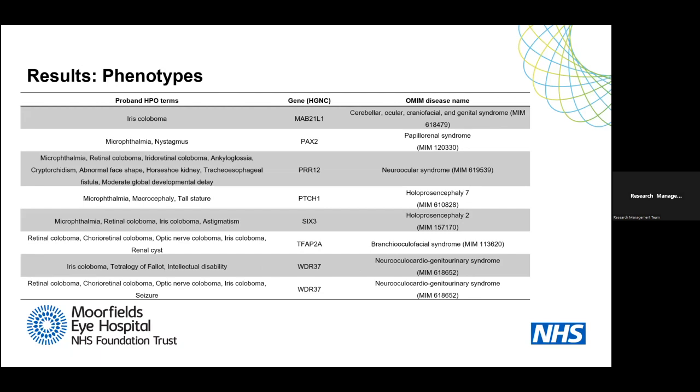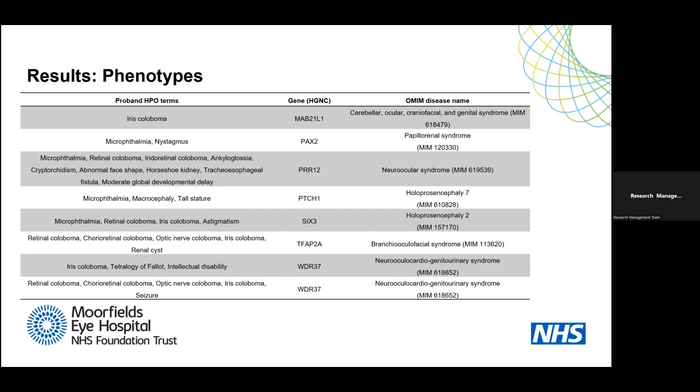Looking then at the proband phenotypes, all of these genes, their reported phenotypes absolutely fit with the proband's reported HPO terms. Many of these MAC genes have variable expressivity, so even though a lot of these probands had eye-only presentations, that's not unusual for the genes that have been found.